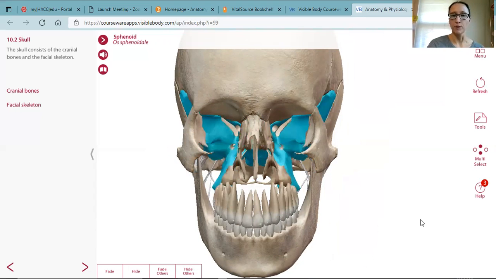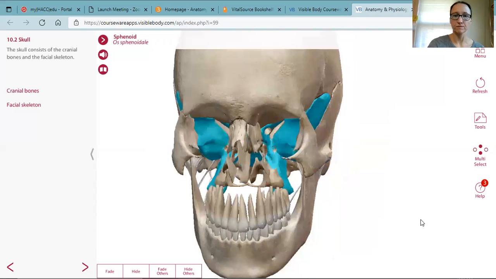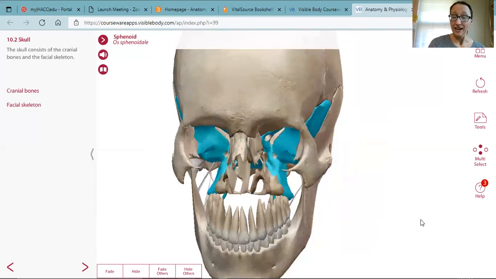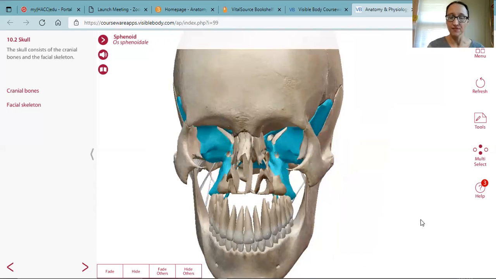It looks like a butterfly. And in fact, you actually have landmarks on the sphenoid called the greater wing of the sphenoid. I can't get my cursor back. I don't know what happened. Ah, there we are. Here's the greater wing of the sphenoid. And then here's the lesser wing of the sphenoid. You see that? So yes, it does very much look like a butterfly.